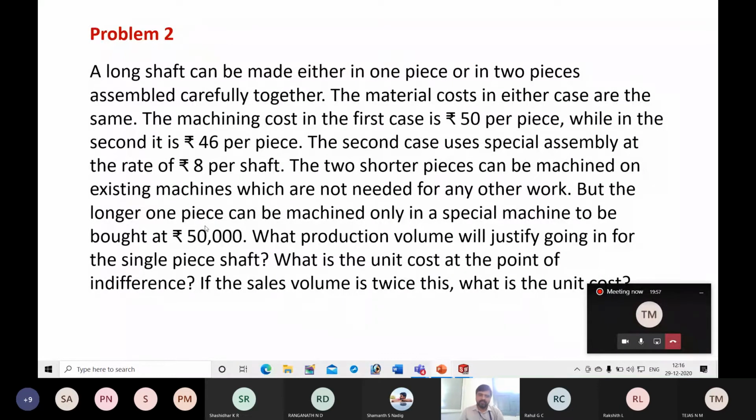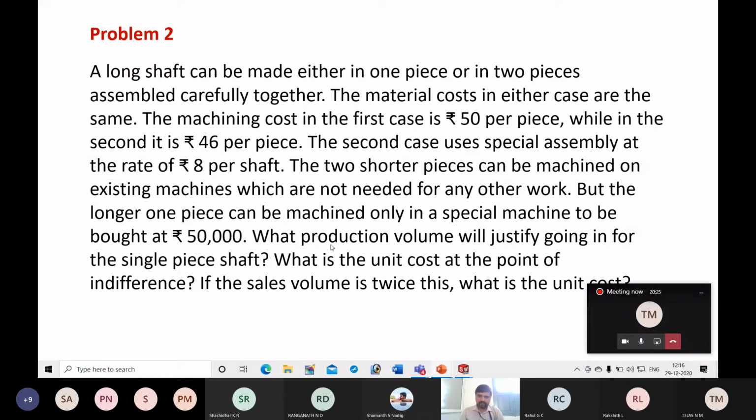For that you have to invest 50,000 for buying a special machine, whereas if you go for assembling the two pieces to make a shaft, for that no additional investment is needed. The reason is you can make use of the already available machines which are not used for any other purpose. That means it doesn't cost any new investment.